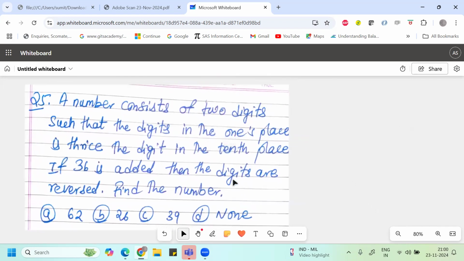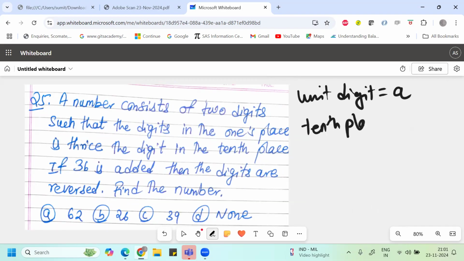A number consists of two digits, so unit digit and tenth place digit. Consider two digits. The digit in unit place is thrice the digit in tenth place. So let's suppose the digit in tenth place is A. So the unit digit would be 3A. I hope you understood.